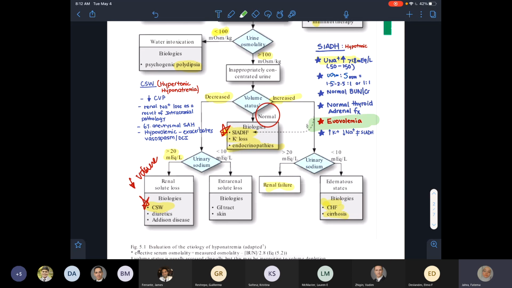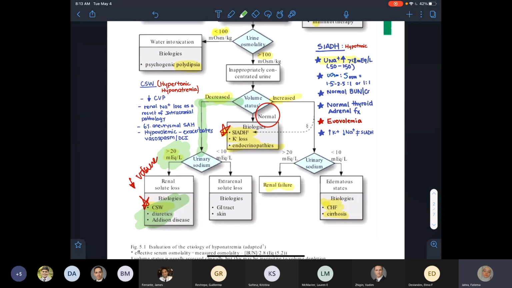And the starting point that I have is euvolemia in SIADH. And I'll get to cerebral salt wasting, on the other hand, right here. The starting point is that it is hypovolemic. So if we follow down this path, your volume status is decreased, and your kidneys are inappropriately concentrating the urine. That's why you have greater than 20 milliequivalents of sodium in your urine.